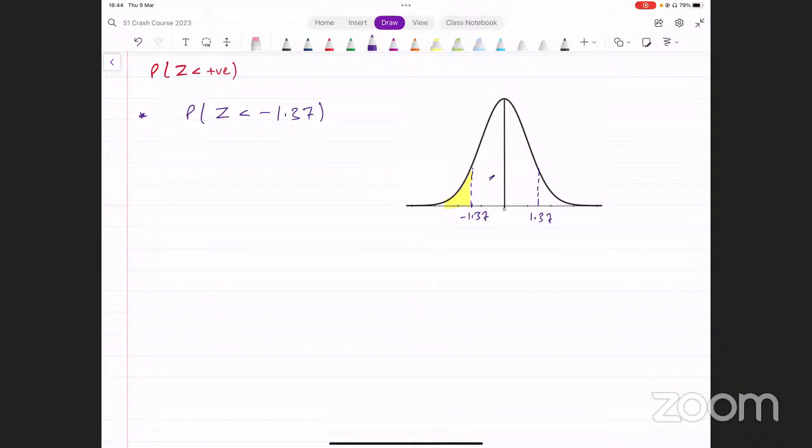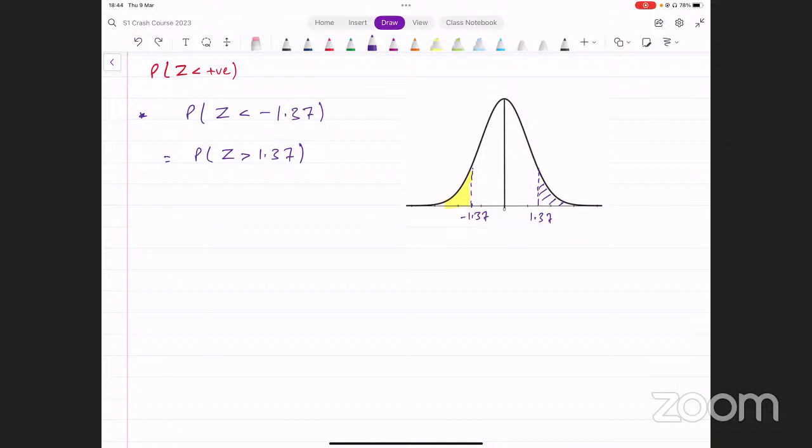And we can say that the area in yellow is equal to this area that you have to the right here. So we could write this as, first of all, z greater than 1.37. And now we can't even find this area directly from the table because, again, it's to the right of a value of z.